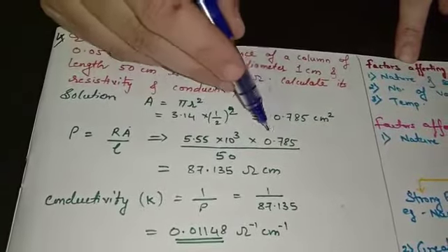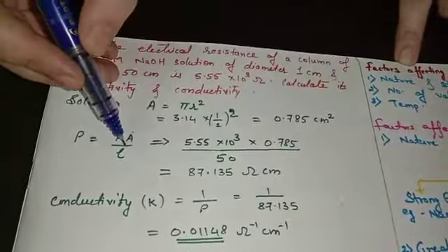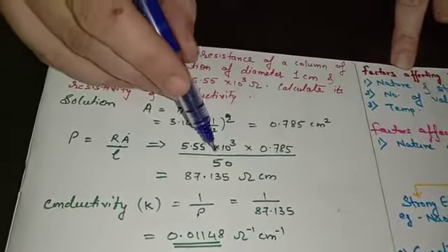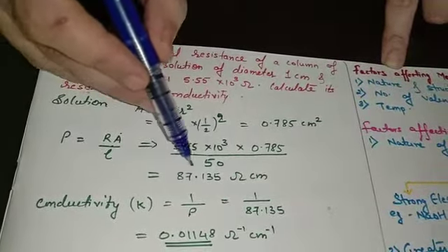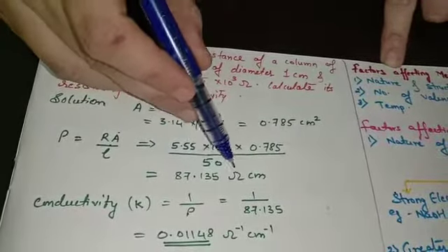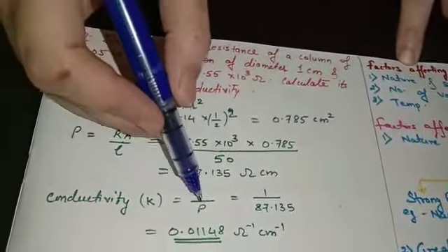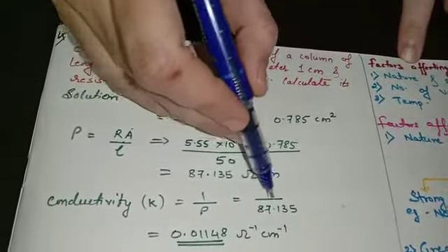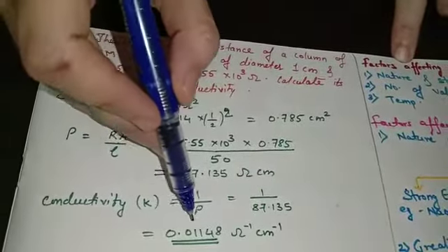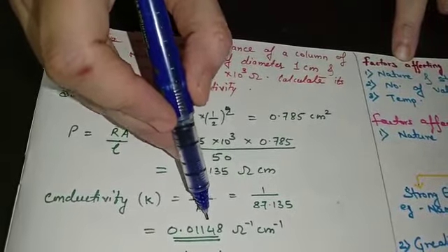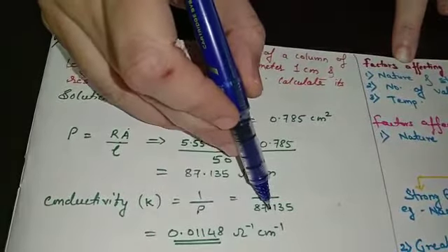Area comes to be 0.785, whereas length of the conductor is given to us as 50 centimeter. Divided by 50, it comes to be 87.135 ohm centimeter. Now we know conductivity is equal to 1 upon rho, that comes to 1 upon 87.135, which comes to be 0.01148 ohm inverse centimeter inverse.